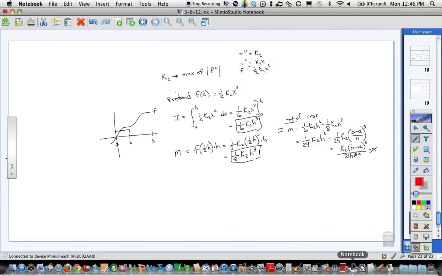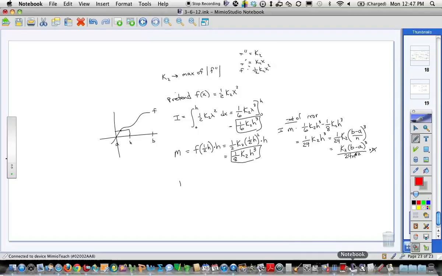It's dependent on the second derivative, which is what K2 is, the max of f double prime, the most curvy that the graph could be. Okay? All right.